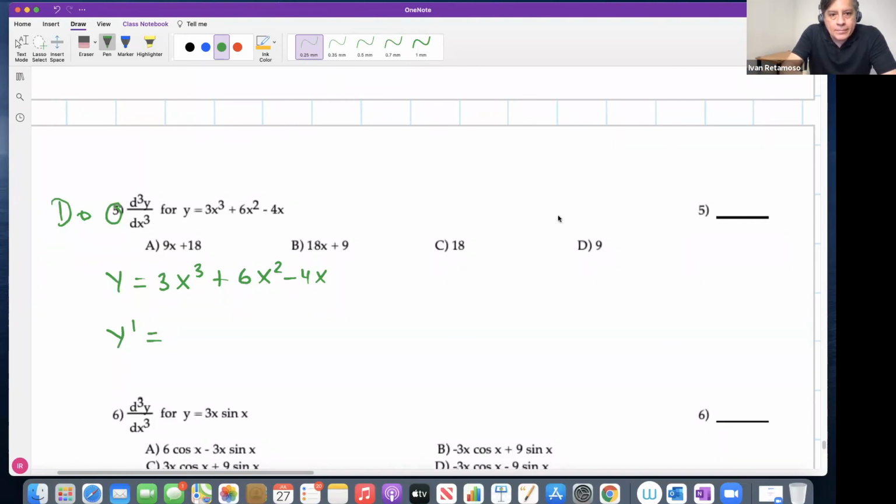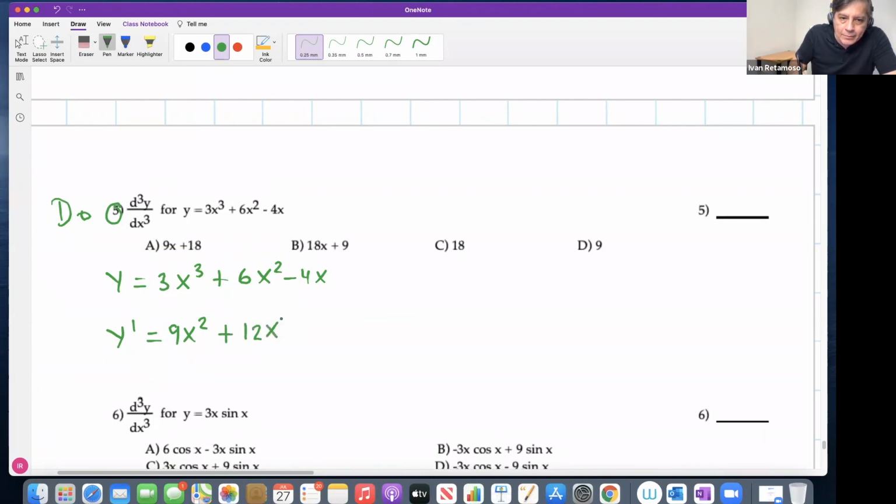Very good. For polynomial functions, it shouldn't be that difficult because the first derivative is just the derivative of this term. 3 coming down, multiplying 3, which is a constant that we took out, is just 9x squared, right? One less for the exponent, remember? Plus the derivative of this second term. 6 is a constant, comes out, 2 comes down, 2 times 6, 12.